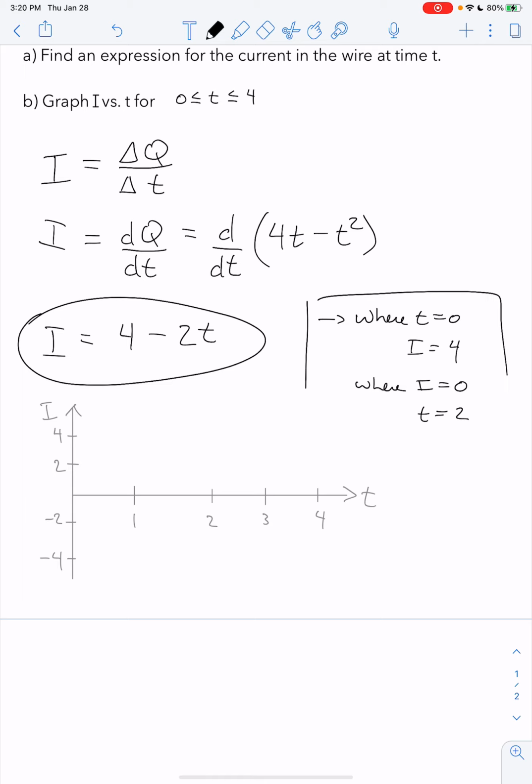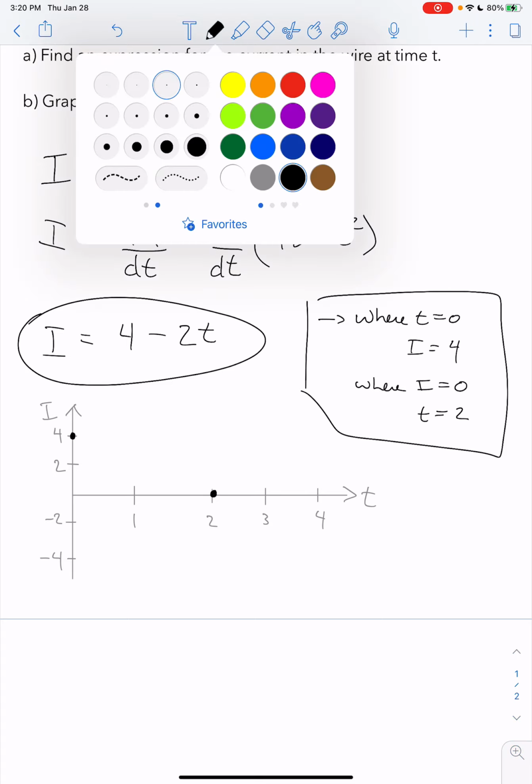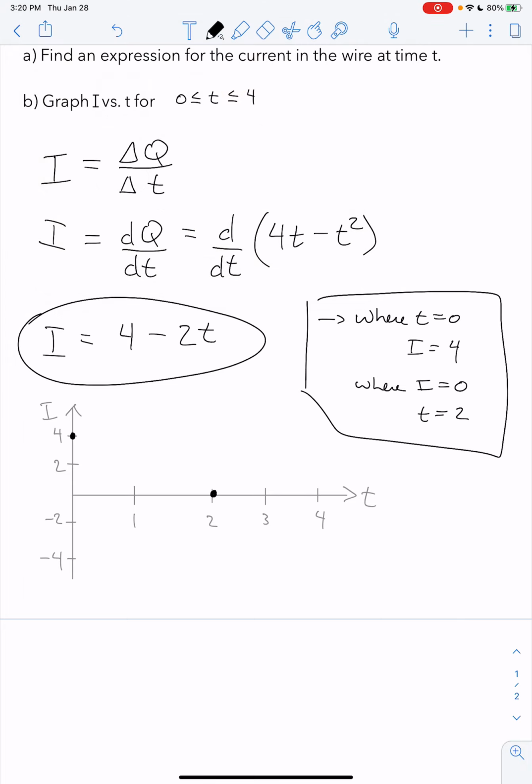So this is our 2 important points. So we can say, okay, well, here's point 1, and then here's point 2, and so there we can draw a line. And we actually know, just looking at the equation, that this is going to be a straight line.